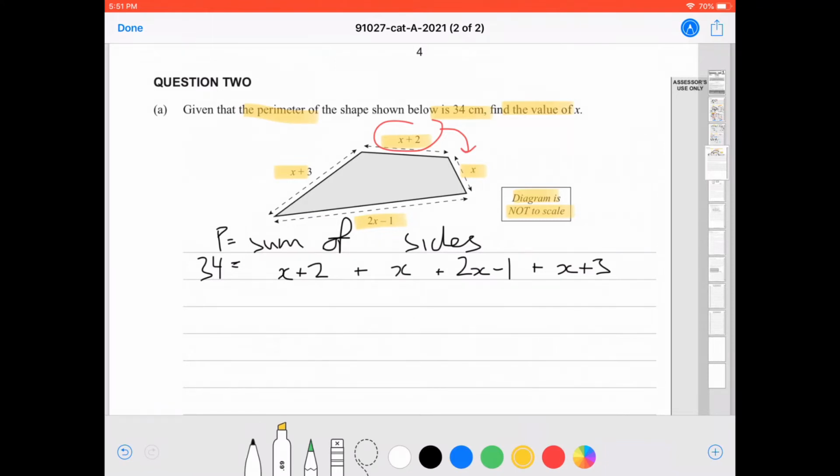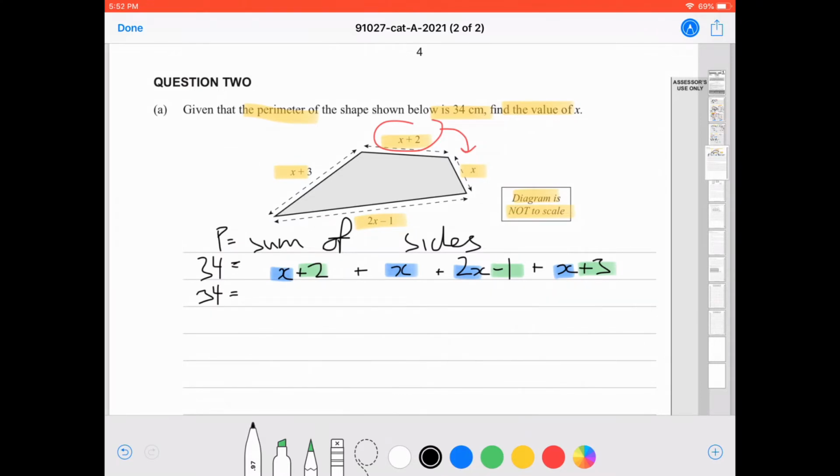So basically we're going to be adding terms with just x's in them, so x, 2x, and again just that single x. And we're going to be adding terms where there are just single digits, so 2, minus 1, and plus 3. 34 remains unchanged for now.